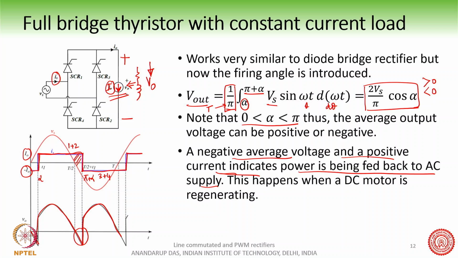And this can be done by the rectifier by changing the firing angle. So we make the average voltage negative, whereas the current is still positive, and so the power will be fed back into the AC supply. This is typically used for regeneration operation.